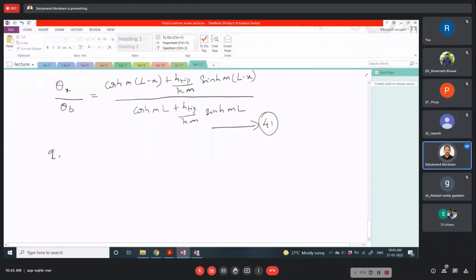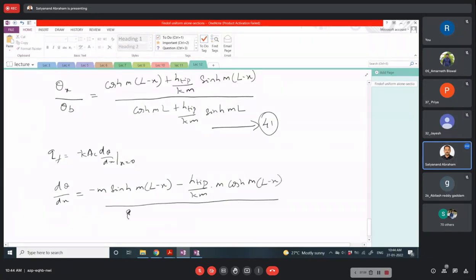Then we need to find Q f, which, as we know, is minus k A c d theta by dx at x is equal to 0. d theta by dx is going to be minus m sin h m(L minus x) minus h tip by km into m cos h m(L minus x), divided by cos h ml plus h tip by km sin h ml.